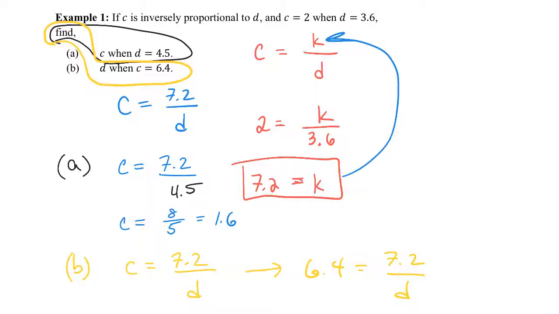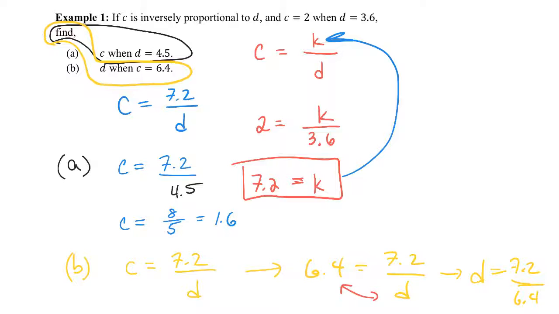I see that so often, whether it's in junior physics or in this course. People divide by 7.2, and that leaves you with 1 over d. That's not what you want. So multiply by d and divide by 6.4. Remember we talked about switching diagonally here? This is one of those cases where you're just going to switch these two. So this statement becomes d equals 7.2 over 6.4.